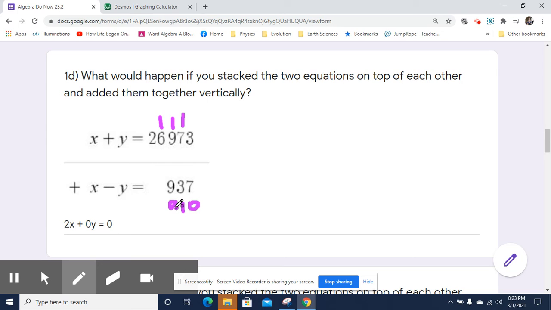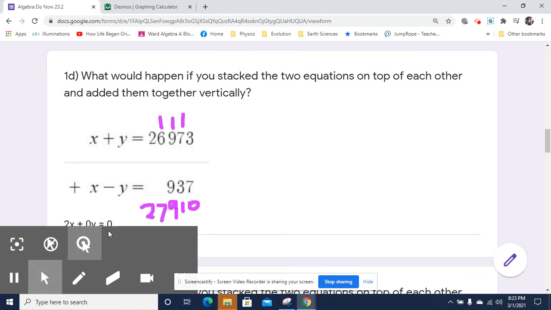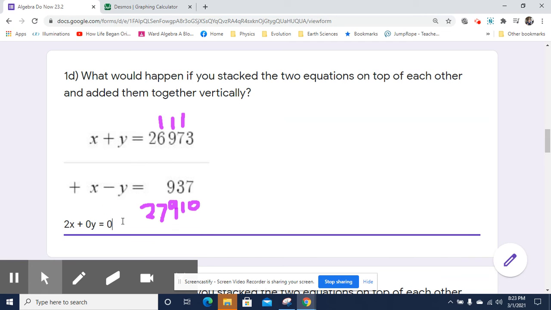I should probably make that 9 a real 9. And then 6 plus 1 is 7. And then I've got a 2. Okay, so I end up with 27,910. And that is what I end up with.